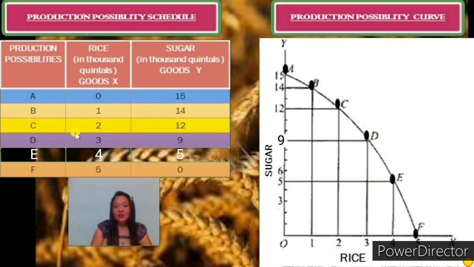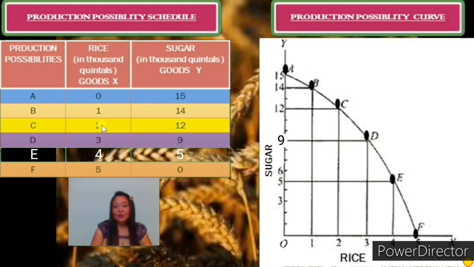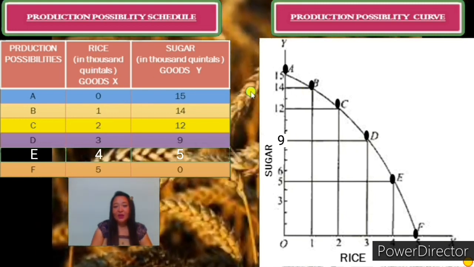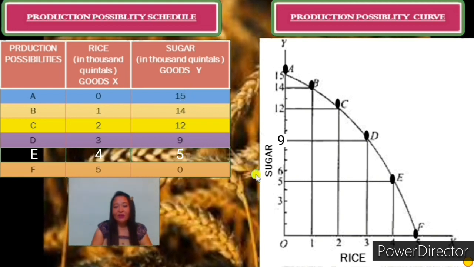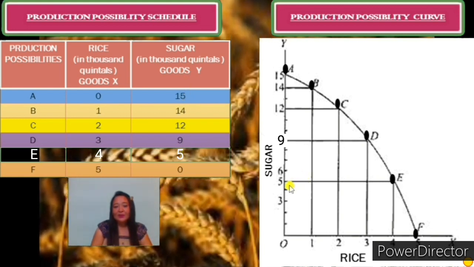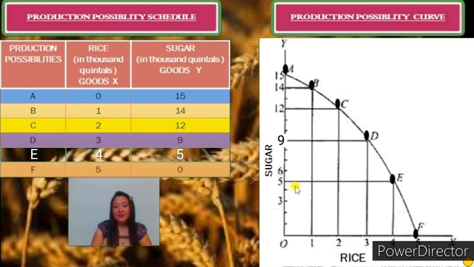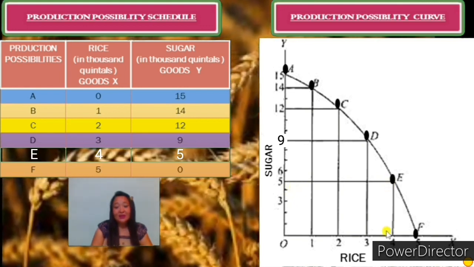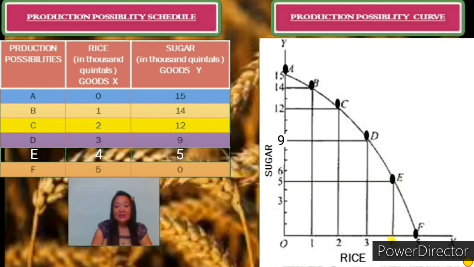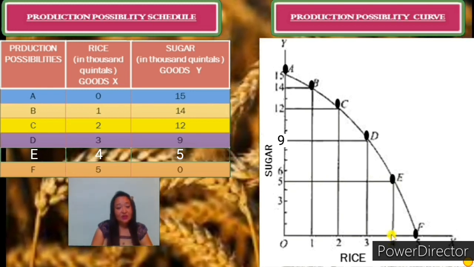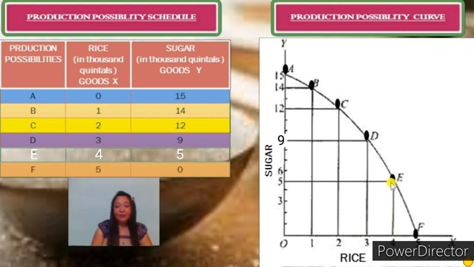Similarly, when the production of sugar is reduced right to 5 here, what happens to the production of rice? It will increase. Obviously, the production of sugar has fallen, so that will lead to the increase in the production of rice. So according to your possibility E, your point is here.